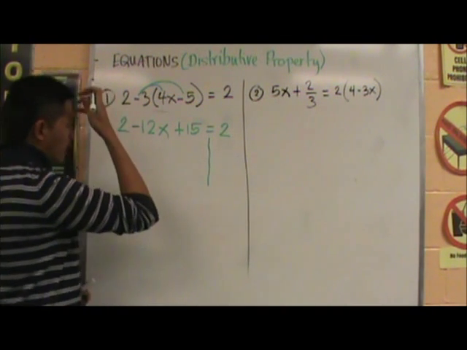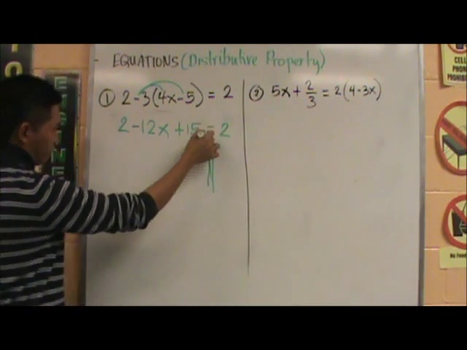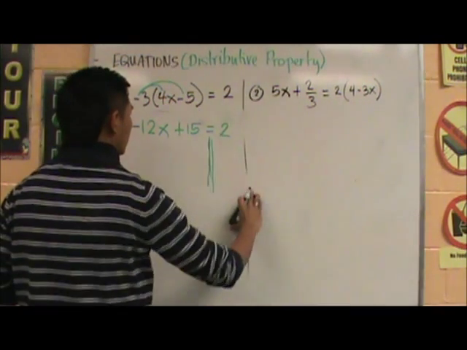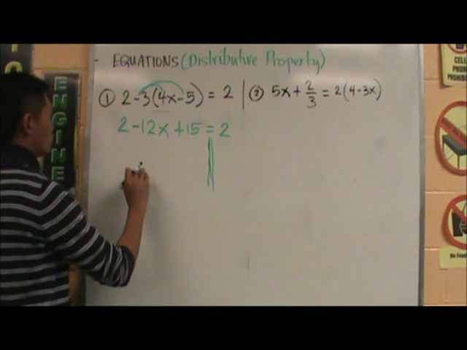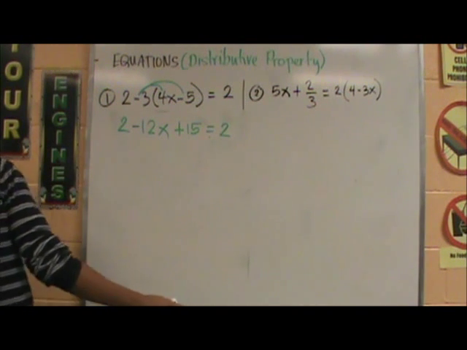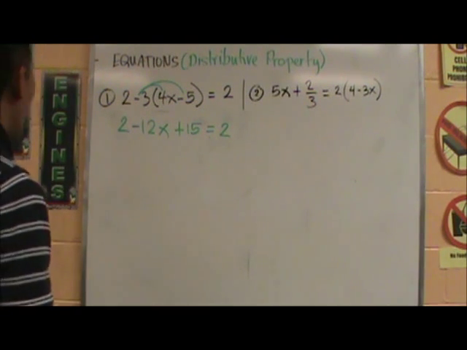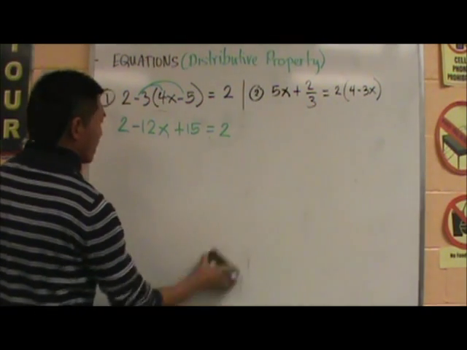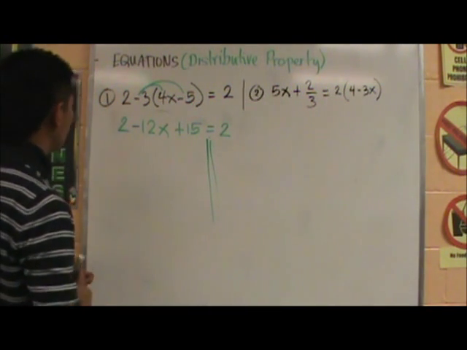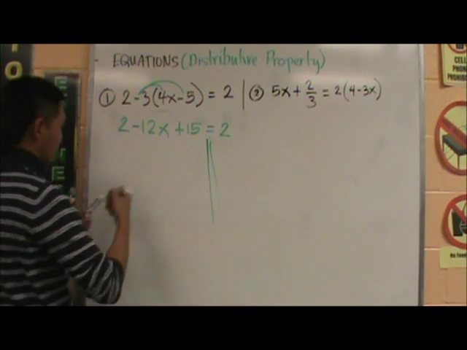See that equal sign? I have the line now. I have now the bridge here by the equal sign. That means I'll go ahead and draw the bridge, and then I'll keep the x, the negative 12x, on the left side.